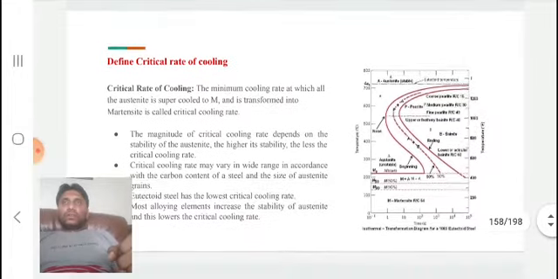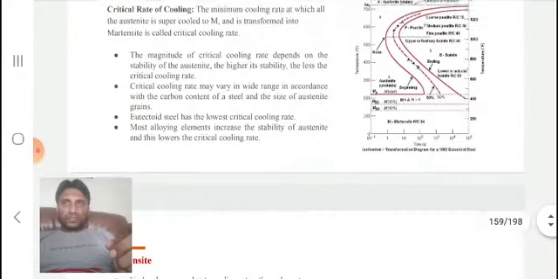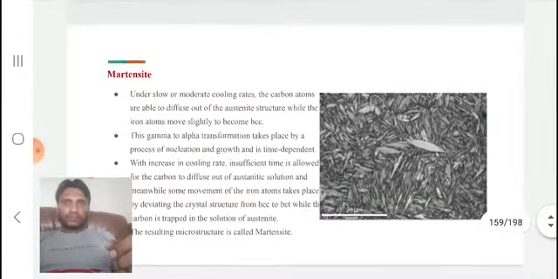To achieve a high cooling rate is a little difficult. So to make the cooling rate low, some alloying elements are added in order to stabilize the austenite. So this is critical cooling rate.